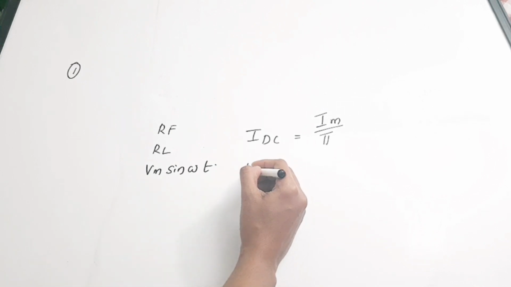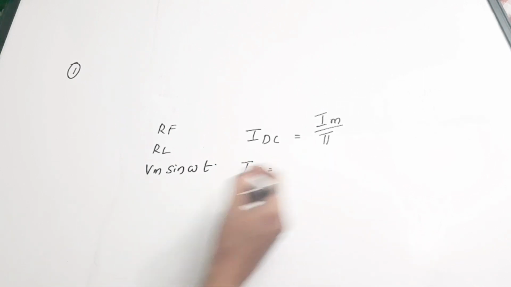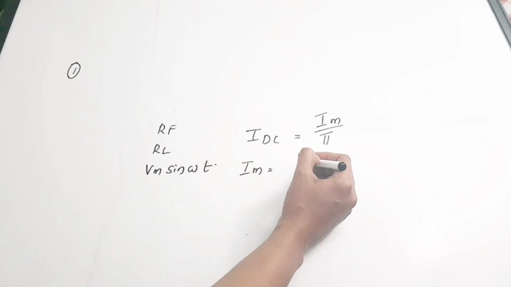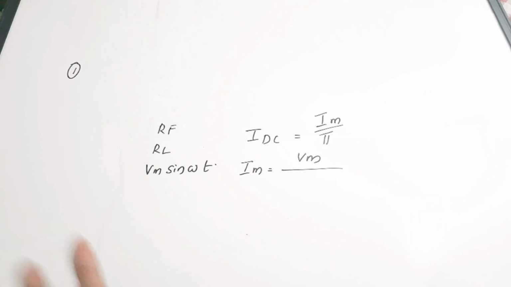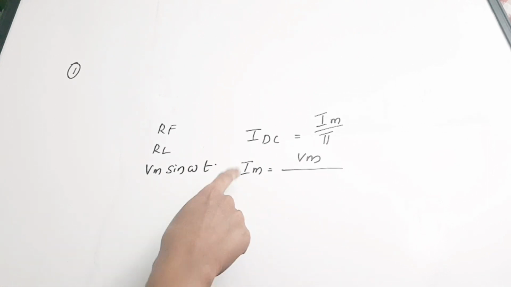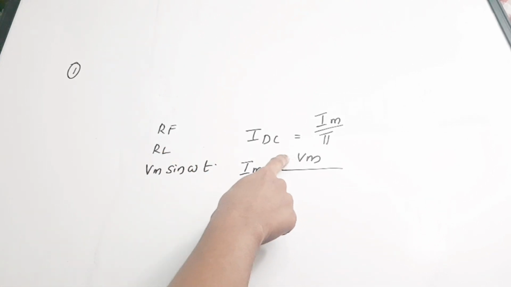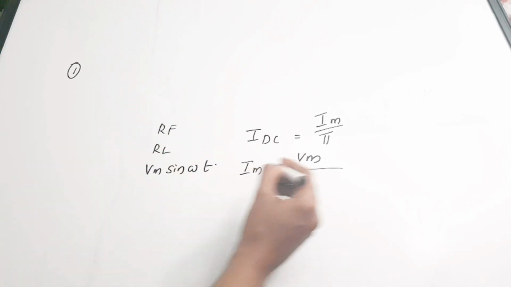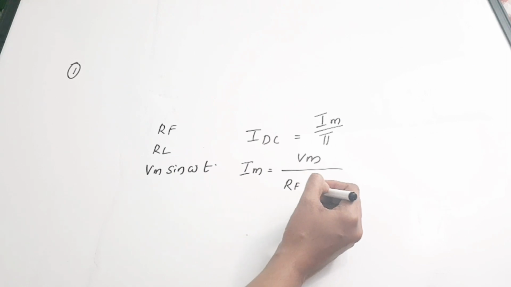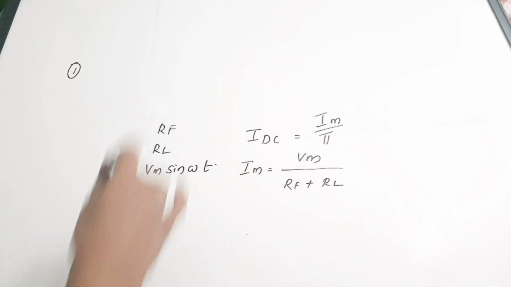Im is the peak voltage Vm by resistance. We know that current is equal to voltage by resistance. Since we are finding the peak value of current, it is the ratio of peak voltage to the total resistance. Total resistance is the sum of RF plus RL. So this will be your Im.